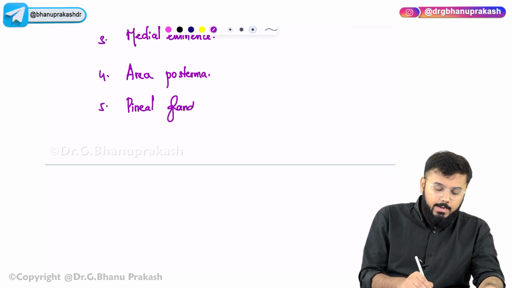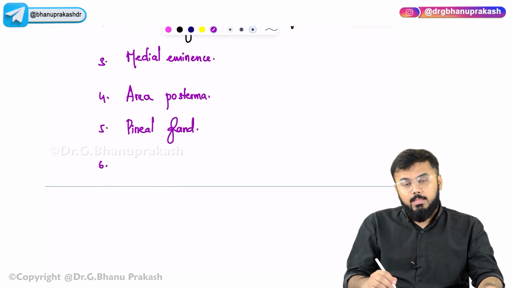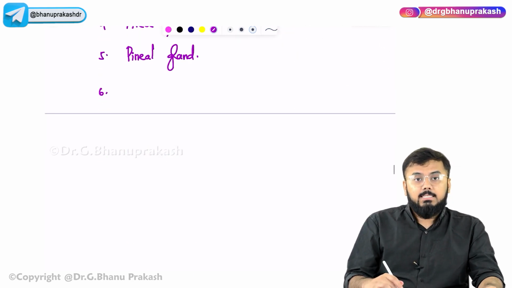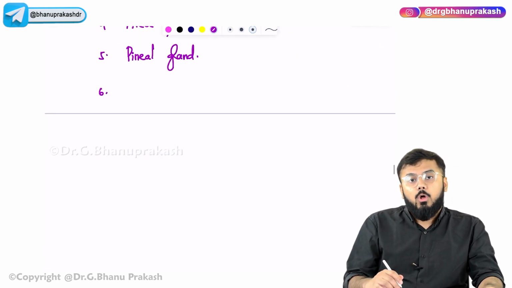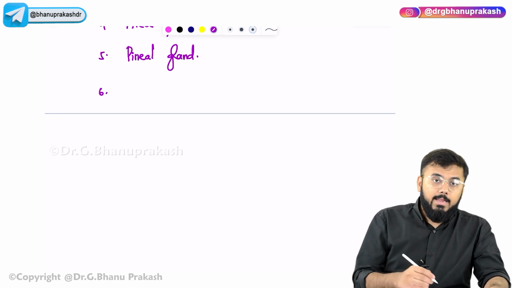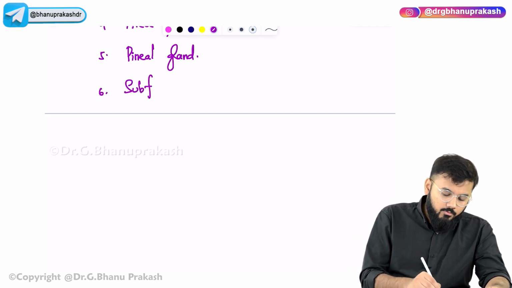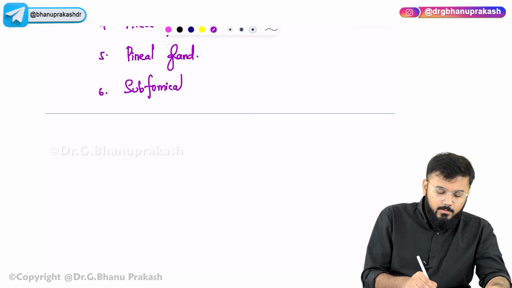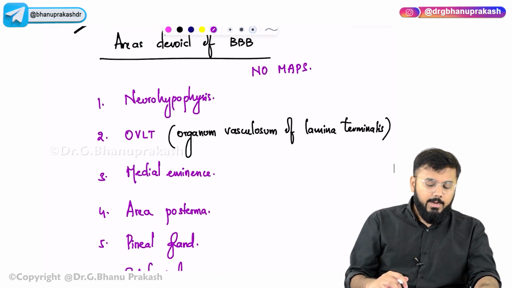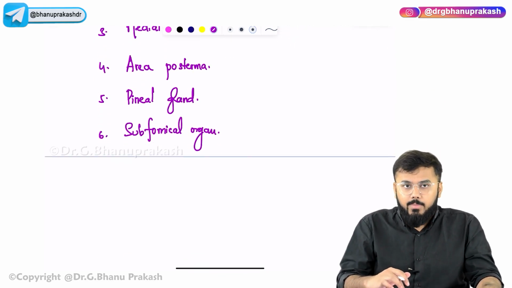And the sixth, S stands for subfornical organ. So these are the structures that are devoid of the blood-brain barrier.